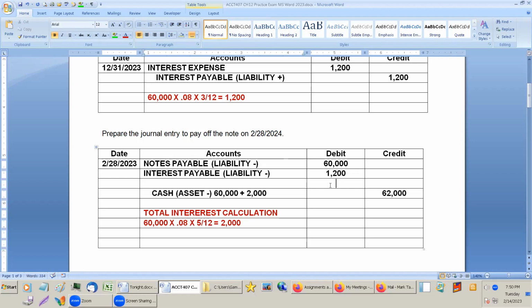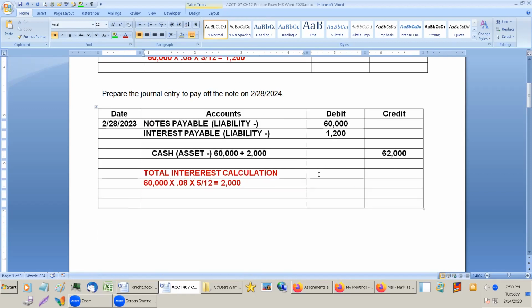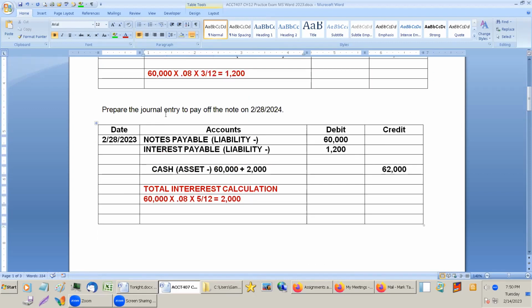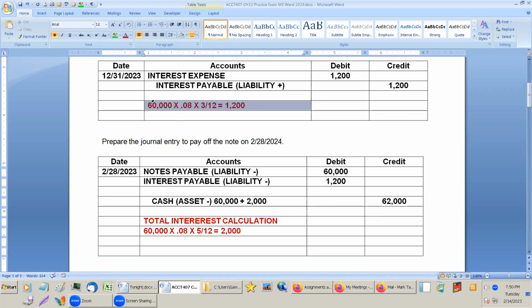Now, these don't equal. So we're going to plug in a number to make them equal, or we could also just take this times 2 months and get the same number. Either way, you're going to get the interest expense. It's going to be 800.